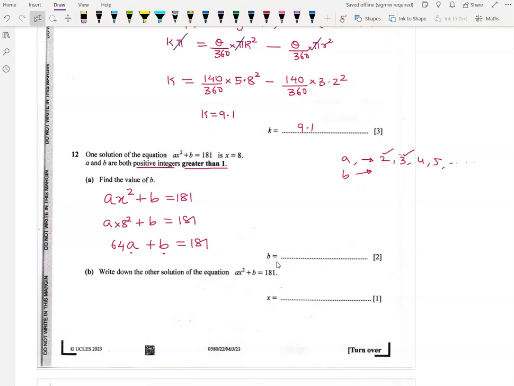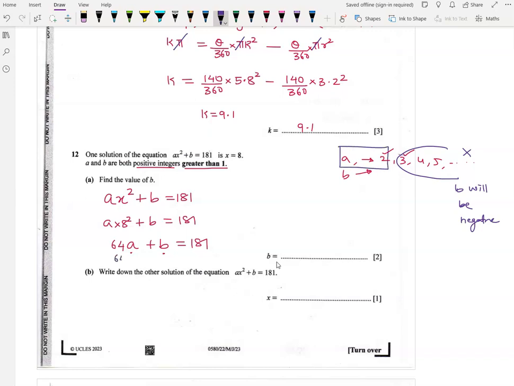Now can I take value of a as 3? Now 64 times 3 will be definitely greater than 181 and that will make your value of b negative. So we cannot take these values because b will be negative for these values. So the only option we are left with is value of a has to be 2.